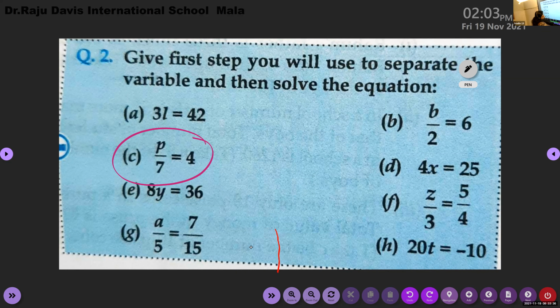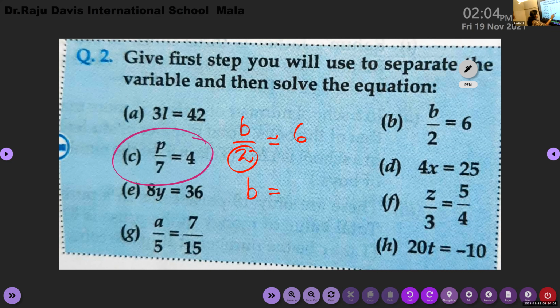Now I'll call Abhinav Sajan, can you answer this one? B by 2 is equal to 6. Ma'am, B by 2 is 6. B is equal to, we have to remove the 2 from here. So B is equal to how much? 2 into 6.